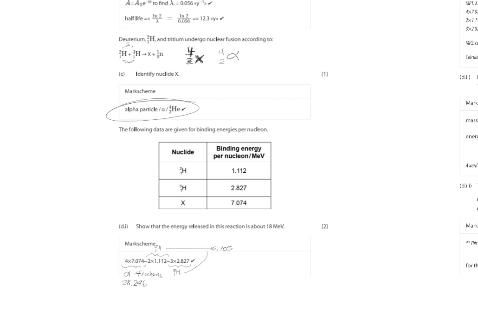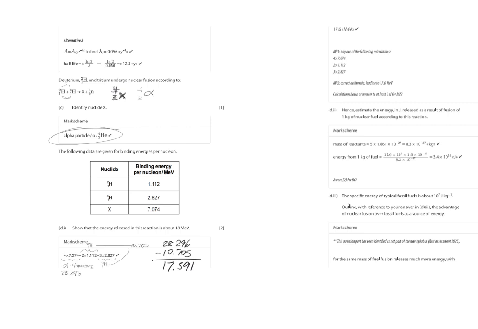So the difference between them, we get 17.591, which when we round becomes roughly 18 mega electron volts.